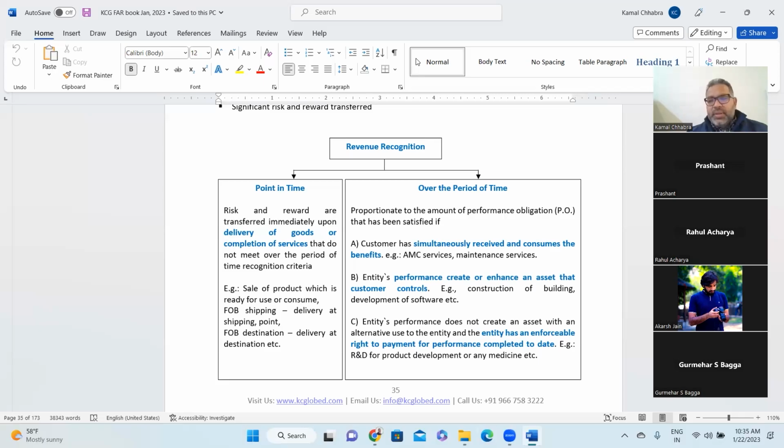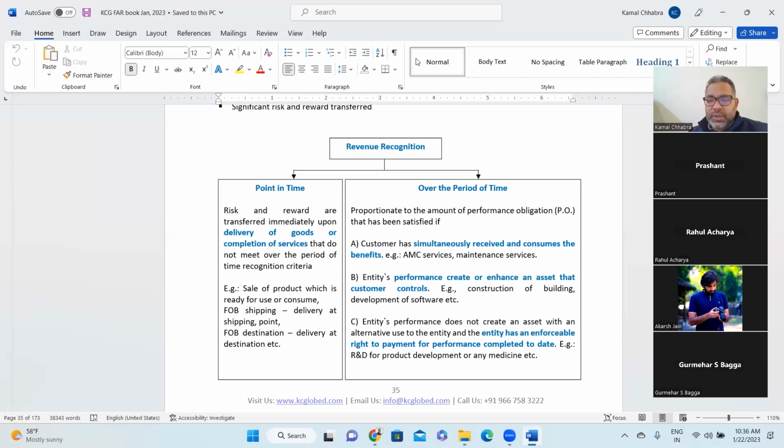But for example, let's assume Gurmeher wants to construct his house, a 4-story building along with stilt, and he has hired, let's assume, Rahul as a contractor to construct this building, and they agreed on a price of, let's assume, $400,000.